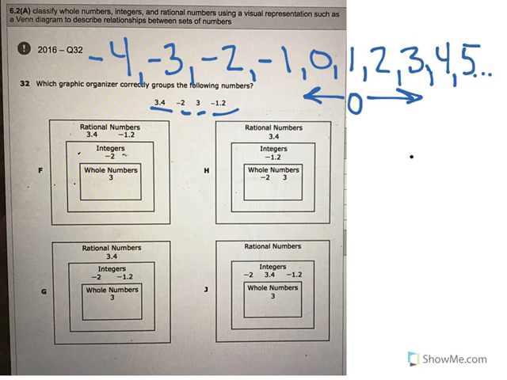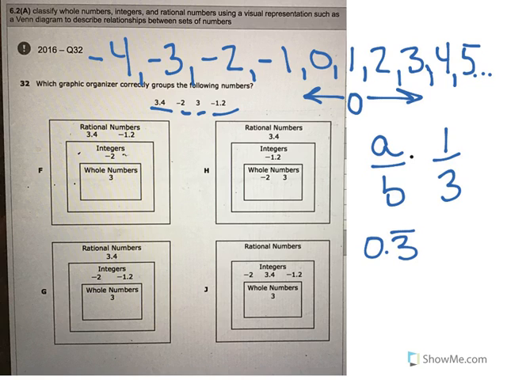Well, I'm glad you asked. A rational number includes all the numbers I just went over, whole numbers and integers. A rational number is any number that can be written in the form of a over b. It's a whole number, an integer, a fraction, a repeating decimal, because if you turn 1/3 into a decimal, dividing the numerator by the denominator, you get 0.3333 and it goes on forever.